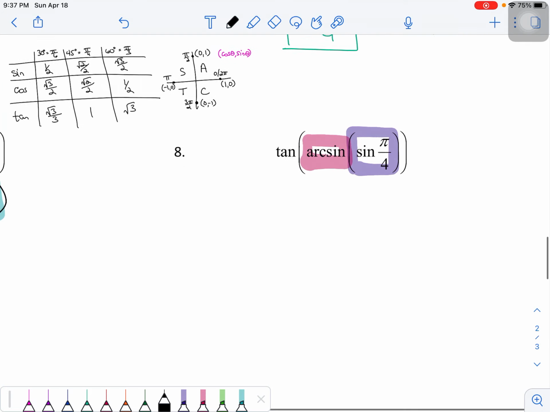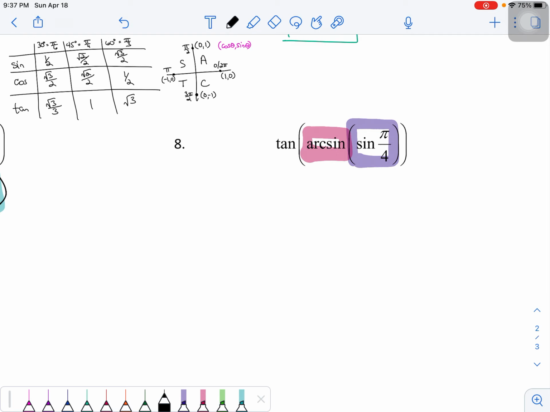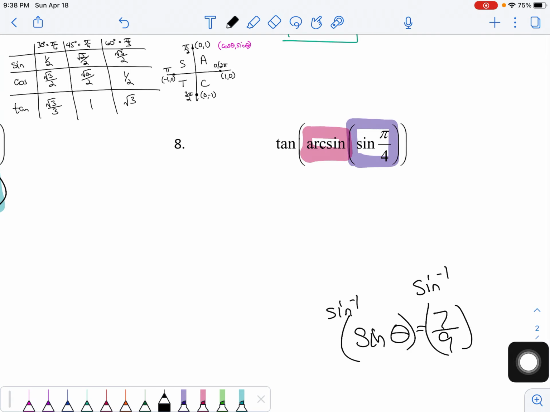If you think about it, way back in Unit 5, the very first unit this semester, when we had something like the sine of theta equals 7/9, and we needed to solve for theta, we would take the inverse sine of both sides. And what I told you guys was sine and inverse sine would cancel out and leave you just theta. This is still true. So when I look at arcsine and sine, those two operations undo each other.